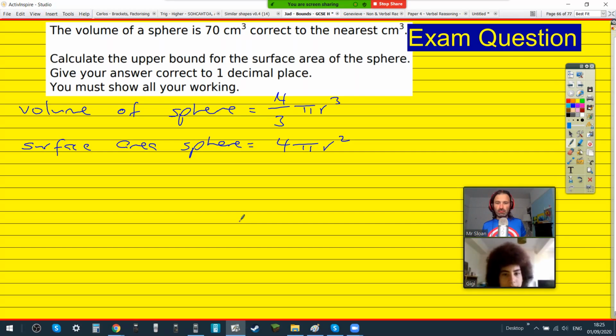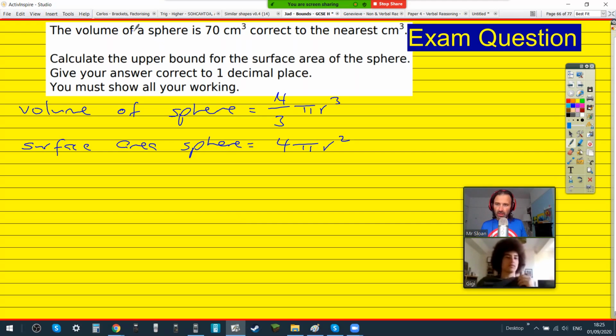Wait, so how do you find the radius? You cube it and then divide it by pi and then times it by 4 over 3. All right.